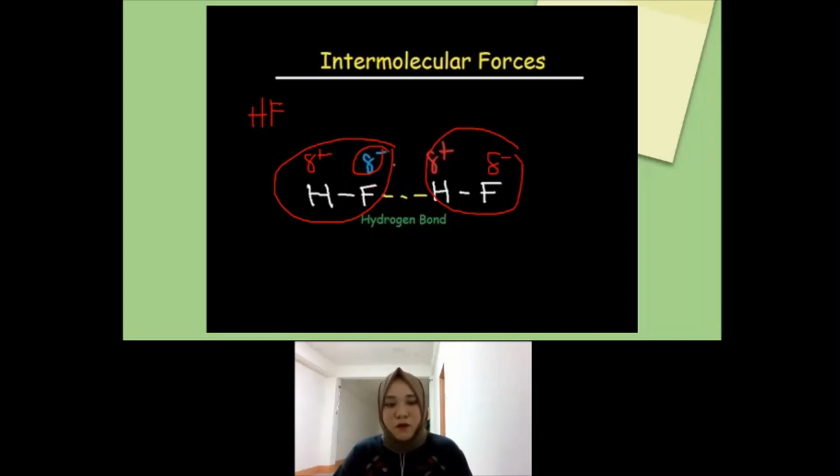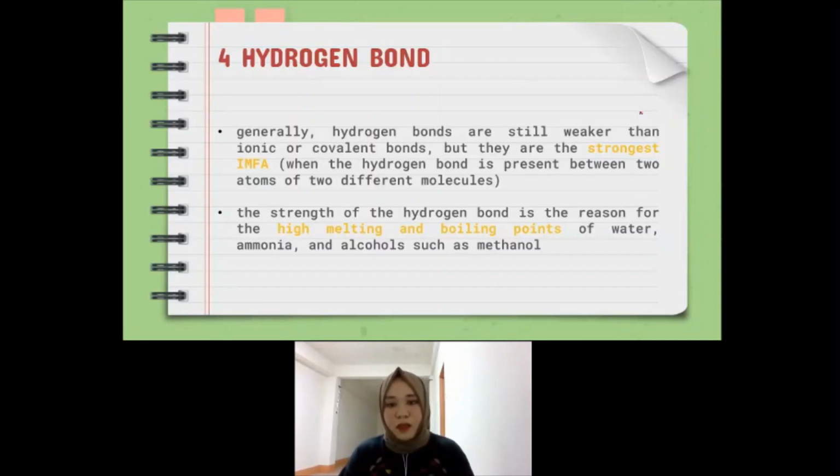Okay, so of course si fluorine nga partially negative na region sa isa ka hydrogen fluoride nga molecule will be attracted to the partially positive region of another hydrogen fluoride molecule, which is ang hydrogen. Okay, so we call them hydrogen bond. So that's hydrogen bond as an example of an intermolecular force.